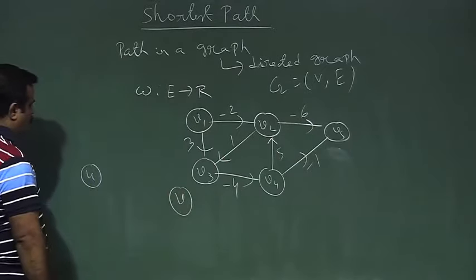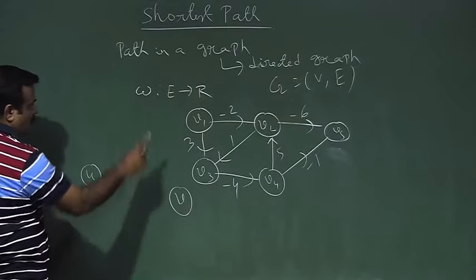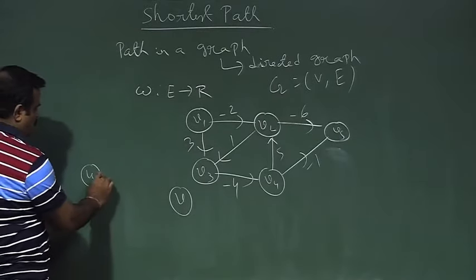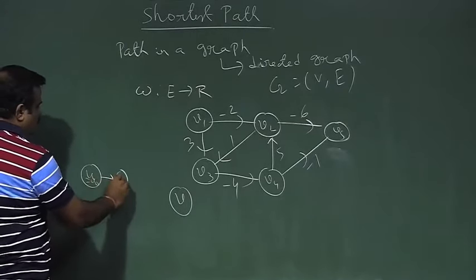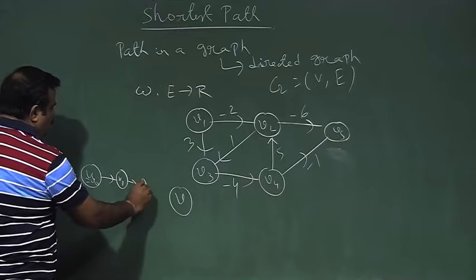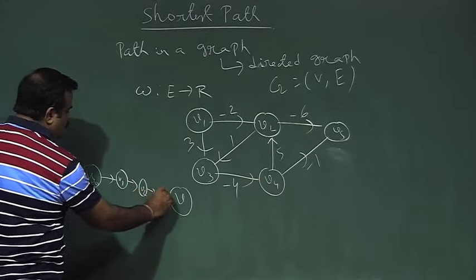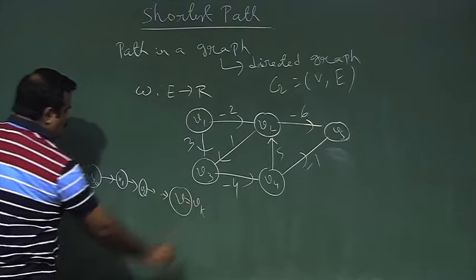So a path from U to V is, if we follow the direction of these edges, some vertices: this is V0, then V1, then V2, dot dot dot, then Vk.